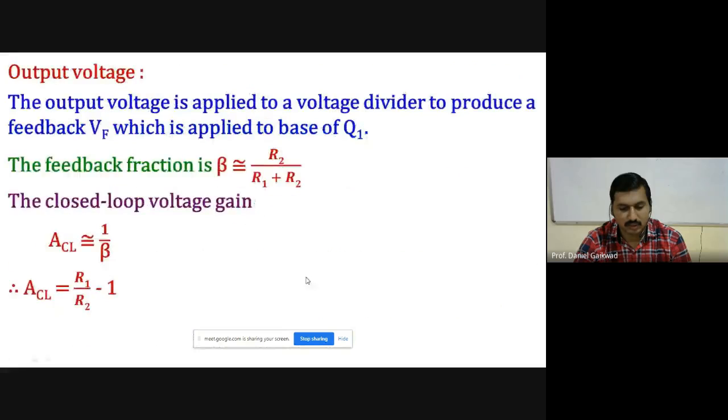Now we have some formulas, in the case of output voltage. The output voltage is applied to a voltage divider to produce a feedback voltage Vf, which is applied to the base of Q1. Check the diagram once again.